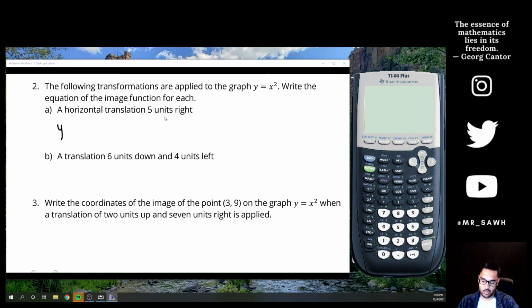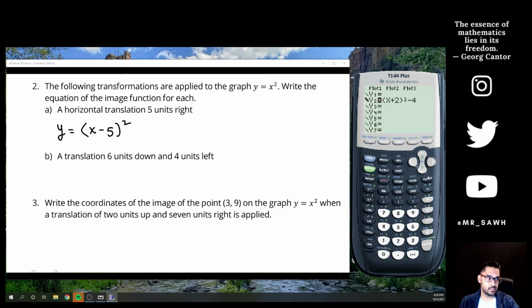If it's horizontal, it should be attached to x. And if I'm going to the right, that means p is positive, which means I've got a subtraction sign built into the equation. P is positive, so I'm putting in 5, and it's squared. There is my equation for this image that shows a translation of 5 right.